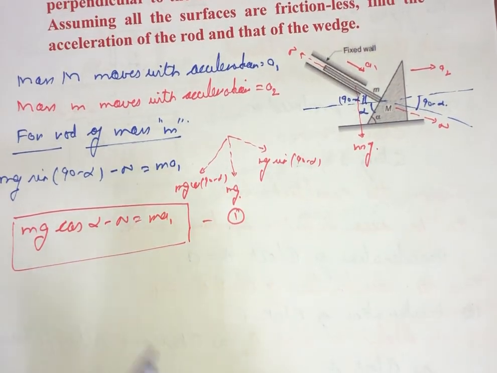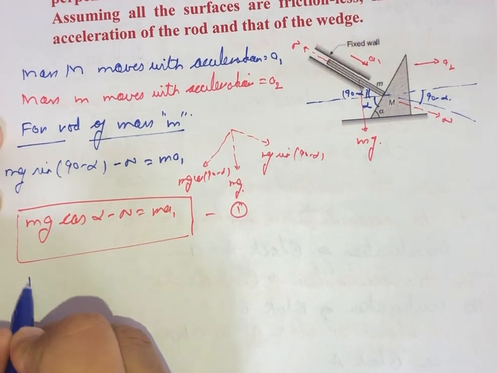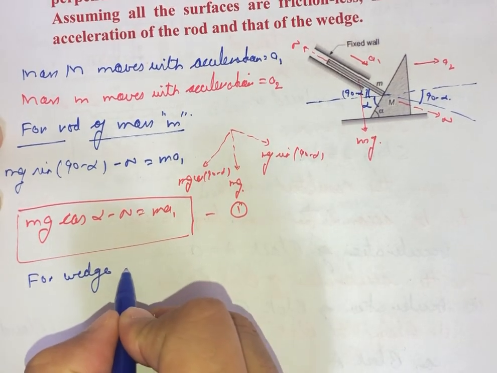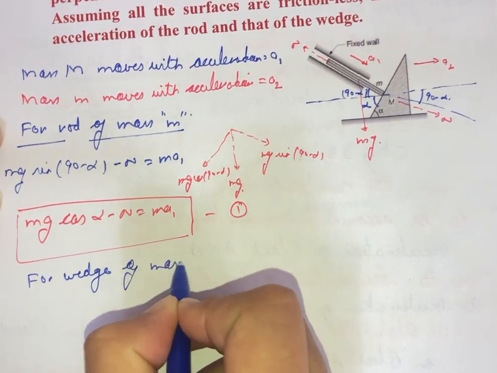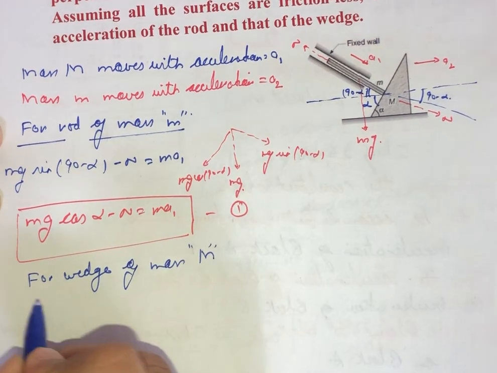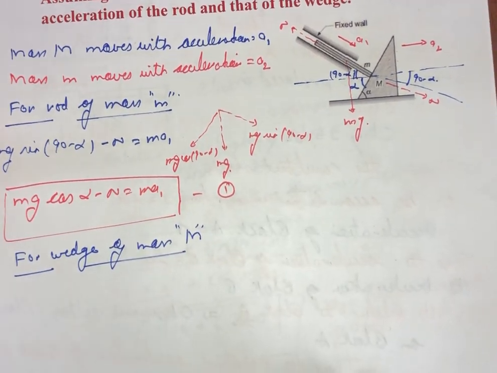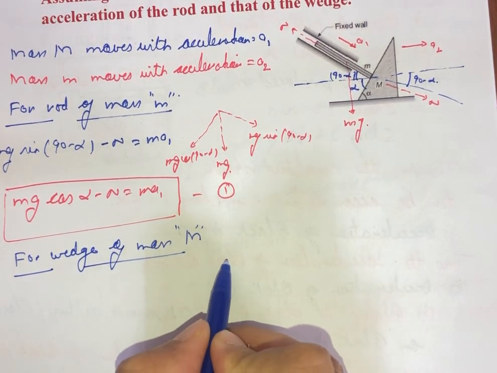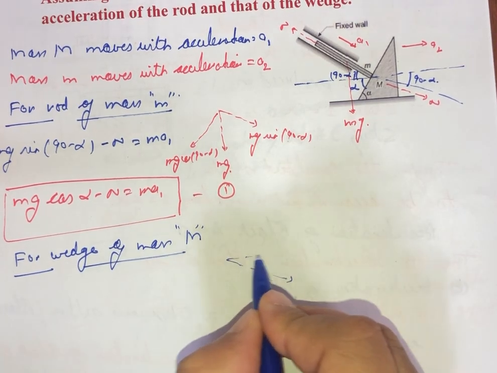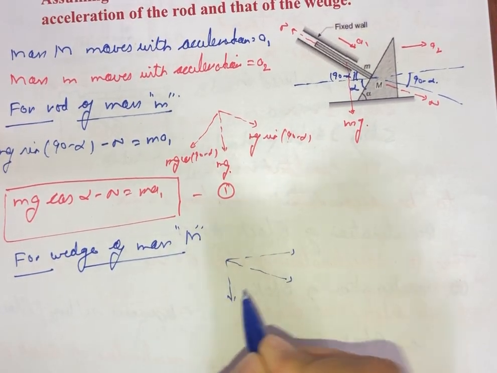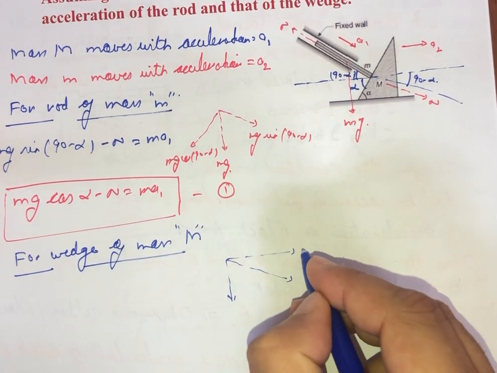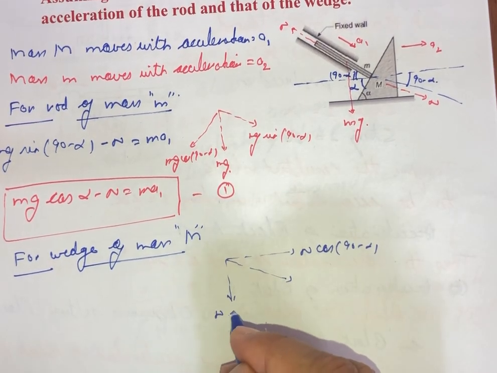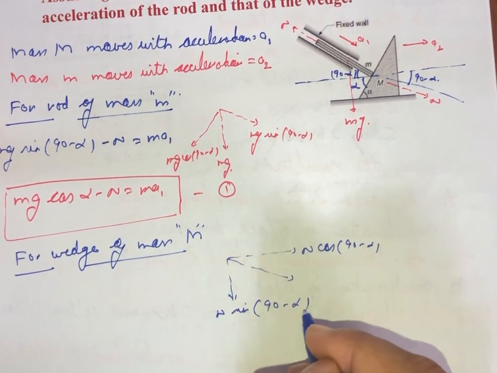Similarly, for the wedge of mass capital M, we can divide our normal. This is the normal, and it can be divided into two components like this. So we have this as N cos of 90 minus alpha, and this will be N sine of 90 minus alpha.